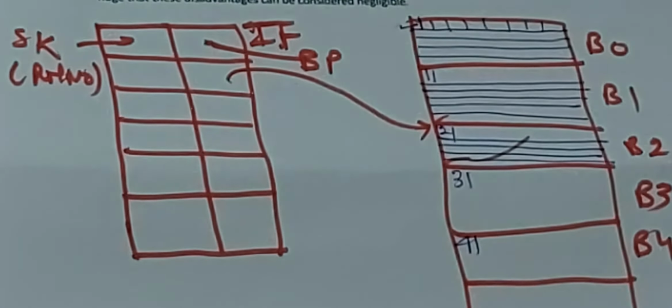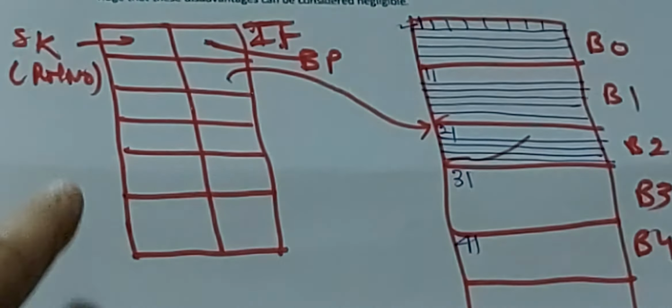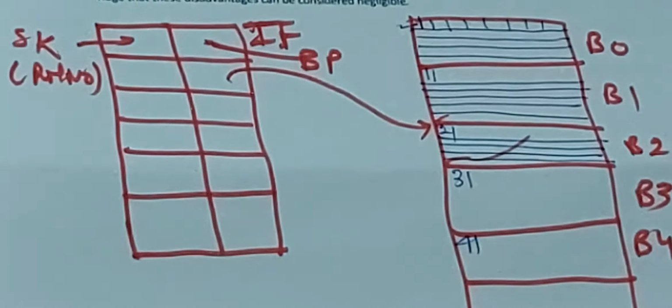The complete detail of the student is there in the main file, but this complete detail is not present in the index file. We are keeping a very small detail, so the size of the file will definitely be reduced.